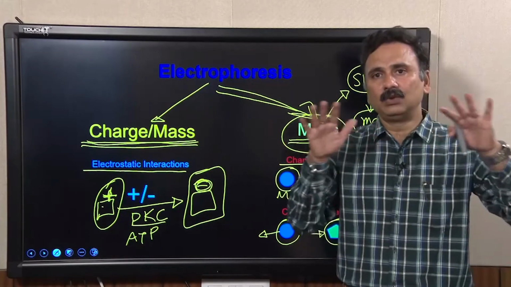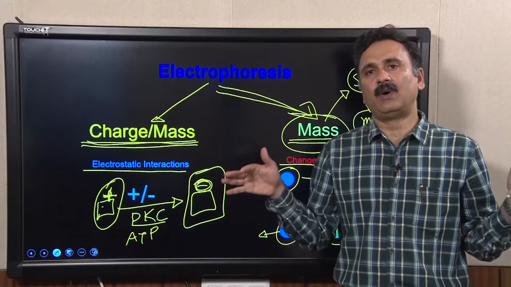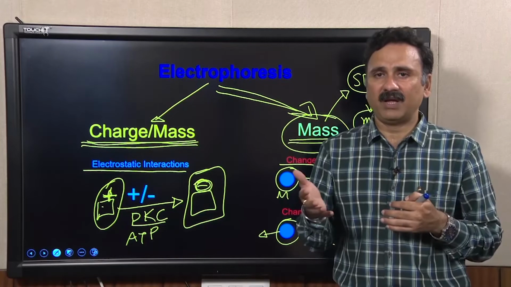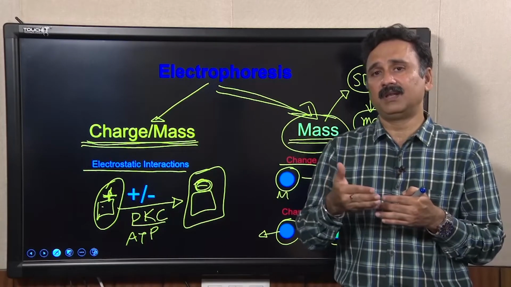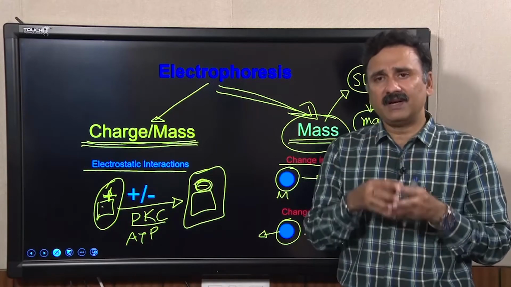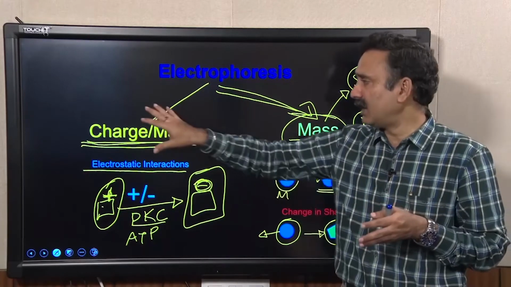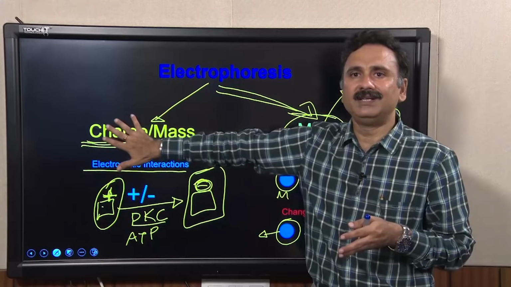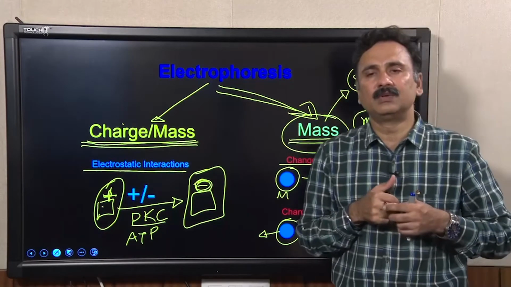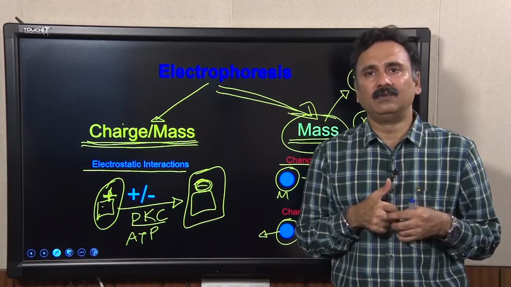So, these are the two main aspects that can be exploited when you are designing an experiment considering electrophoresis. We are going to discuss different types of experiments where we either exploit the charge by mass as a criterion, or in some places we are also going to exploit the criterion of the mass.